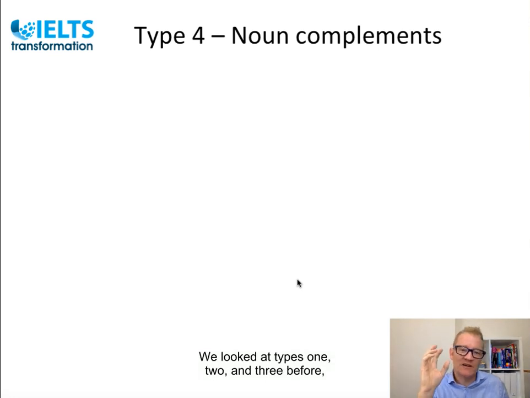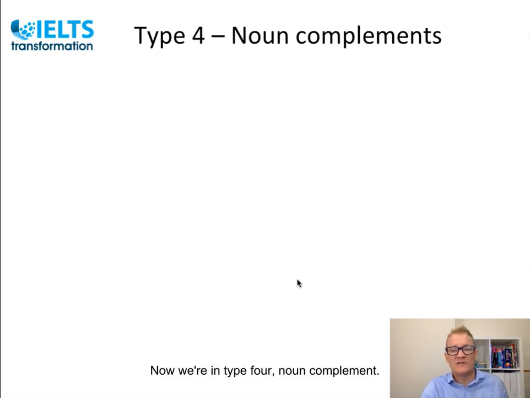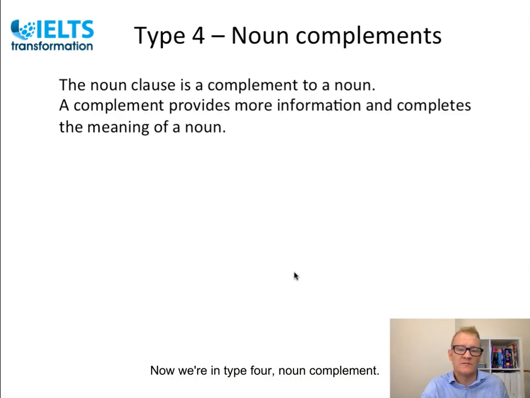So we looked at types 1, 2 and 3 before: subjects, direct objects of intransitive verbs, indirect objects of intransitive verbs. Now we're into type 4, noun complement. The noun clause is a complement to a noun, so a complement provides more information and completes the meaning.